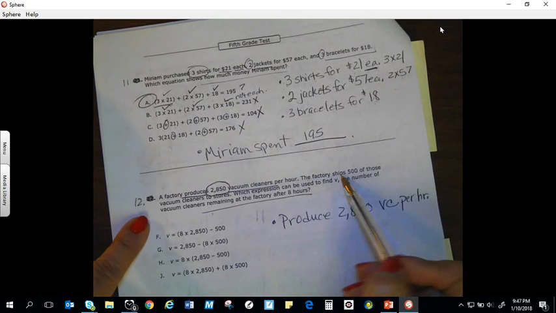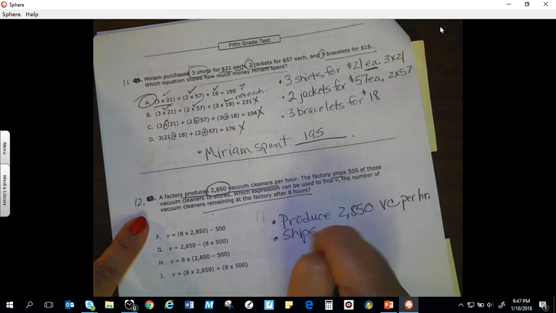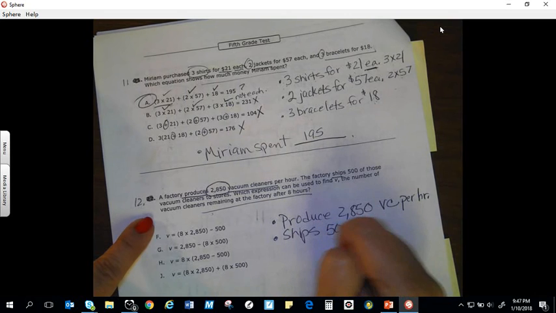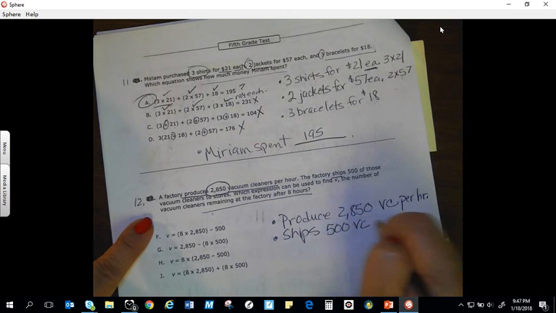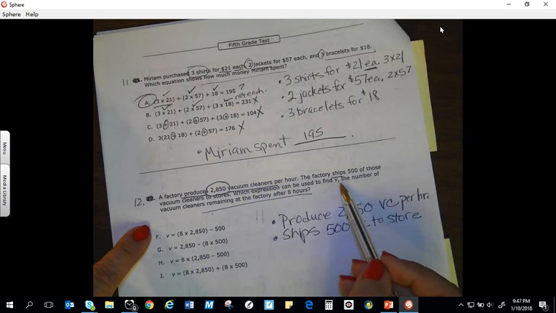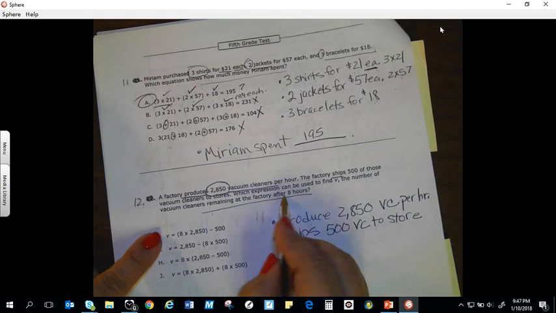Now the factory ships 500 vacuum cleaners to store. Now, which one of these equations we needed to find V is the number of vacuum cleaners remaining at the factory after 8 hours?